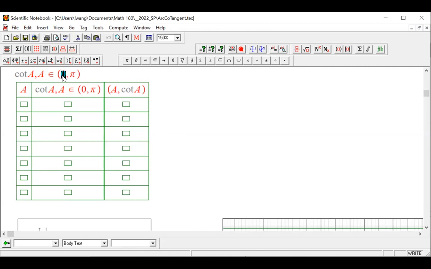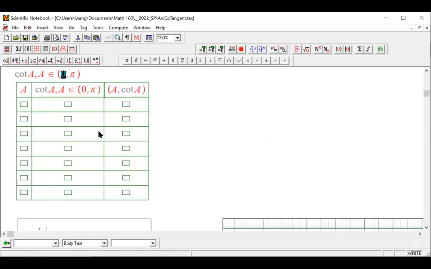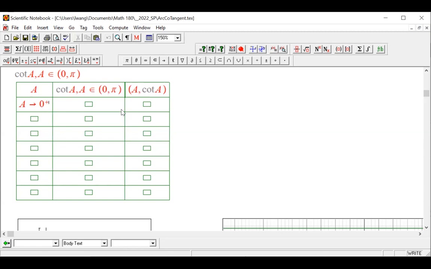Starting from zero, we know we cannot take 0, but we can get as close to 0 as possible. So when A approaches 0 from larger than 0, the cotangent of the angle approaches positive infinity.